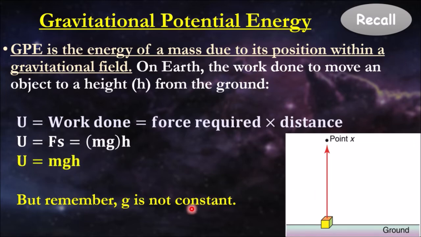But there's one specific issue, that is g here is not a constant value in space. Okay, on Earth, on average, the acceleration due to gravity is relatively similar, no matter where you are, but not in space.